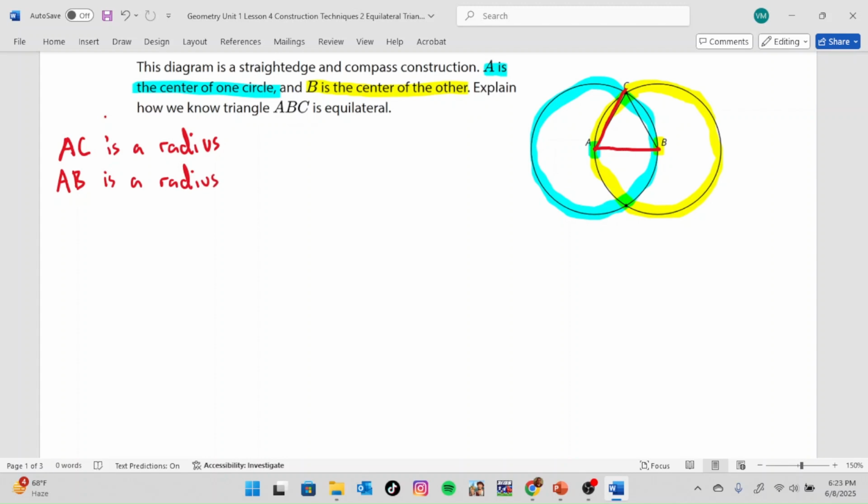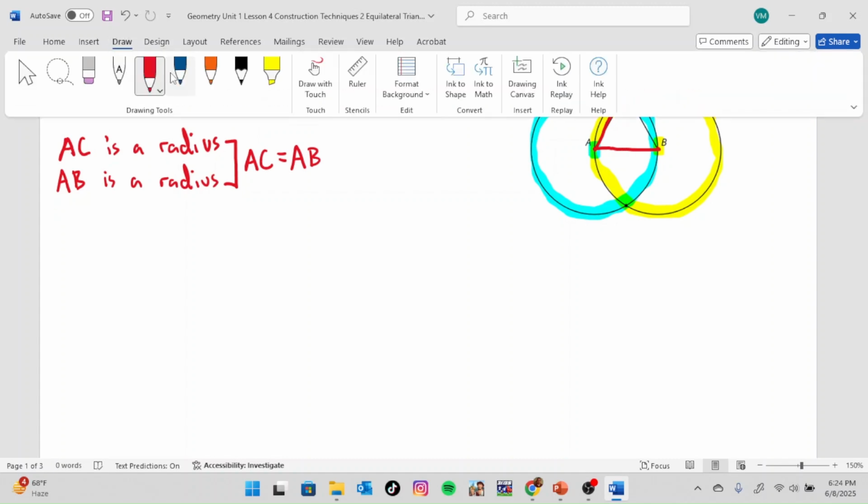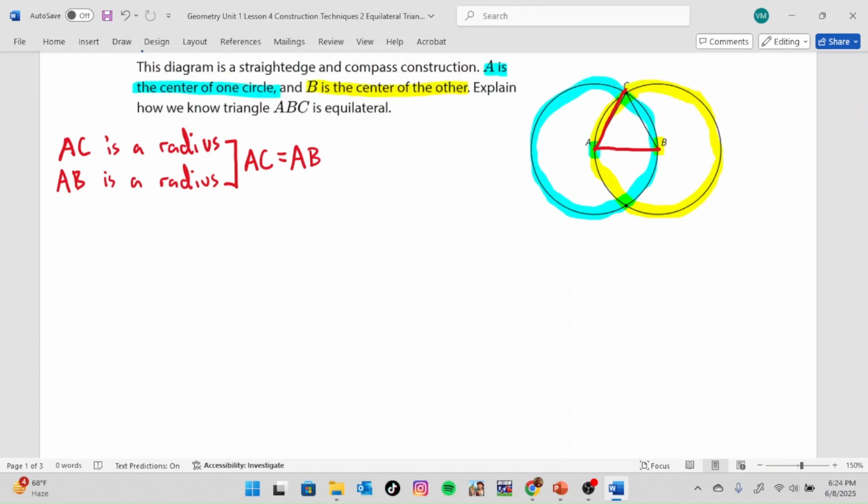Because every radius of a circle is the same, this means that AC equals AB. So we know at least two of the sides are the same.